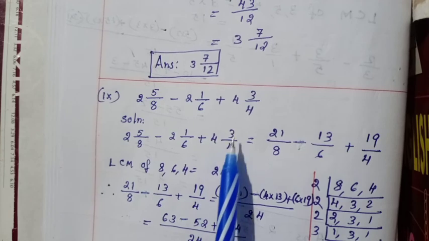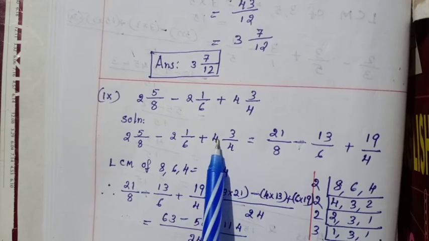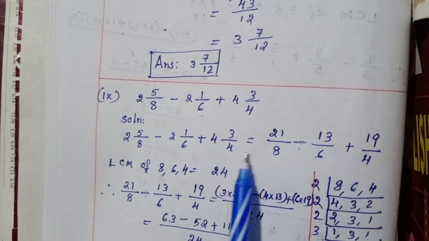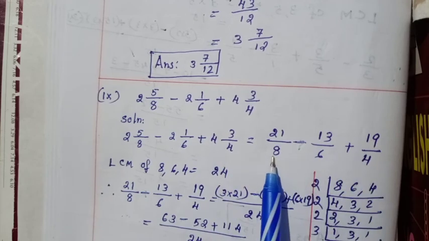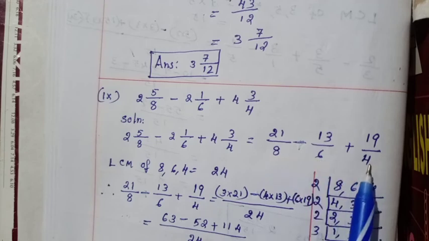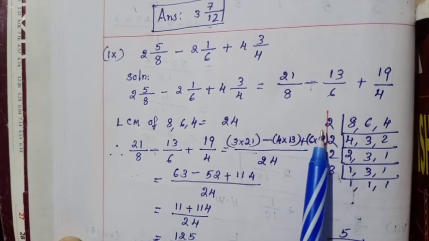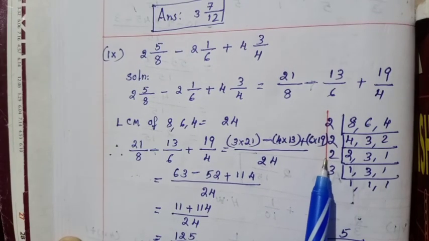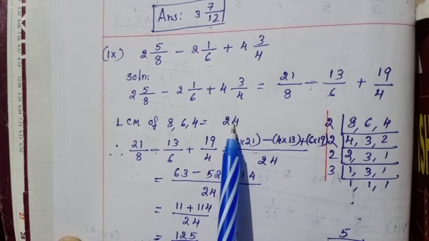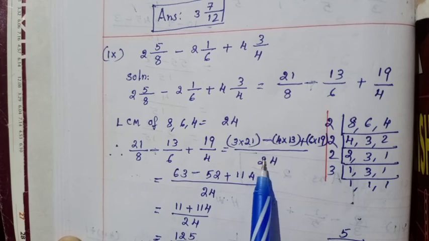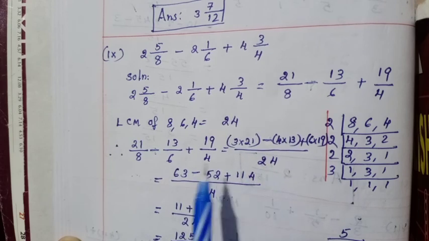The third one is 4 3 by 4: 4 into 4, 16, plus 3, 19 by the same 4. All three denominators 8, 6, 4 are different, so find out the LCM of 8, 6 and 4, calculated here: 2 into 2 into 2 into 3, 24 is the LCM. Therefore we will take 24 as the common denominator.